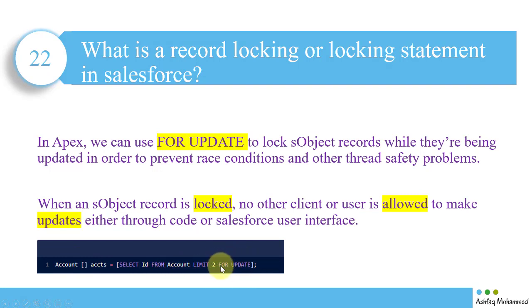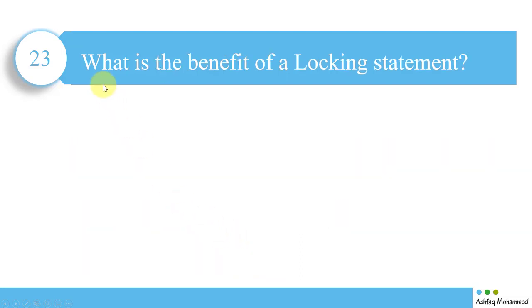At the end of the select query you can write FOR UPDATE, but only when you're writing the SOQL query in Apex. If you're just writing the SOQL query in a SOQL window where you want to return the records, then you cannot use FOR UPDATE, okay? So we can use FOR UPDATE to lock the records and do the operations on those records.